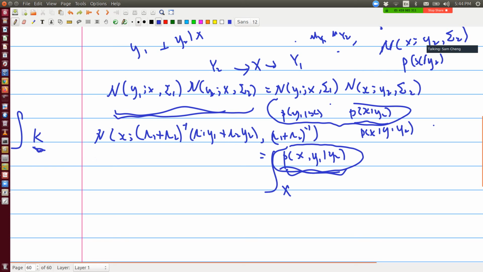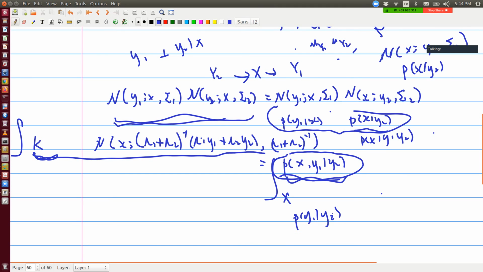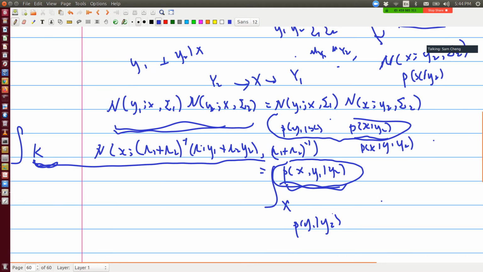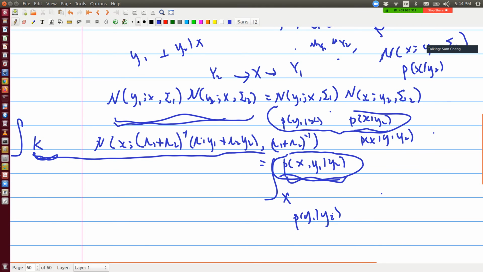So if I integrate the left-hand side with respect to x, I should just get the constant I want to search for. For the right-hand side, integrating over x, I should just get p of y1 given y2, because the x disappears. So the constant is just equal to p of y1 given y2.